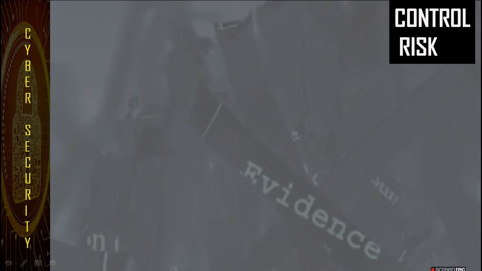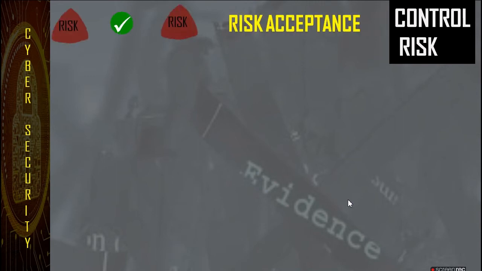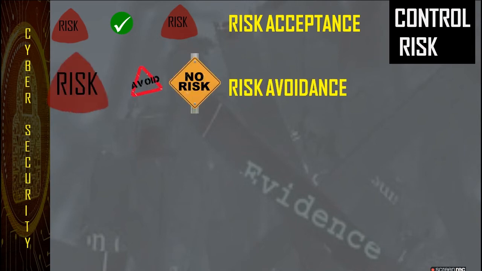Cybersecurity professionals work to minimize risk to the organization through risk management and controls. There are four ways to handle risk: risk acceptance, risk avoidance, risk mitigation, and risk transference. Risk acceptance: the organization accepts the risk associated with the system's vulnerabilities.